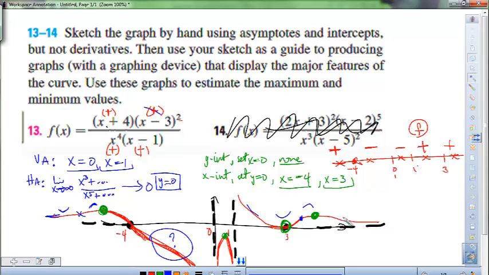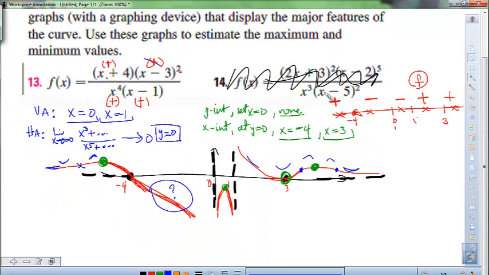Now this is going to be concave down until it starts bending towards the asymptote. So there's going to be another inflection point over here somewhere, past 3. Well, maybe not way past, but past this other maximum that we're going to look for. Okay, so that's the first part of our problem.